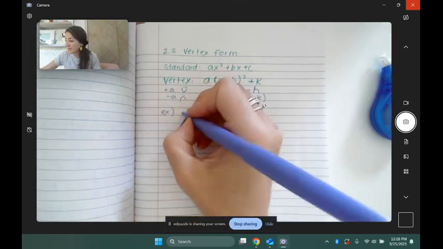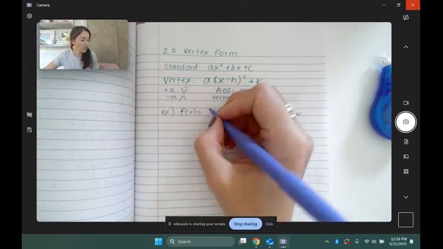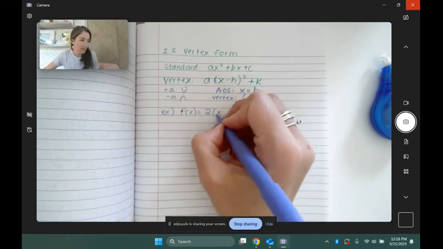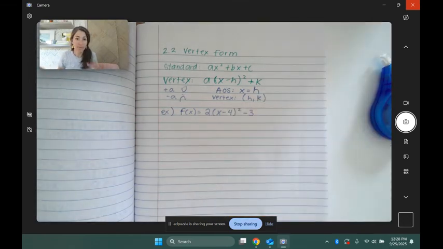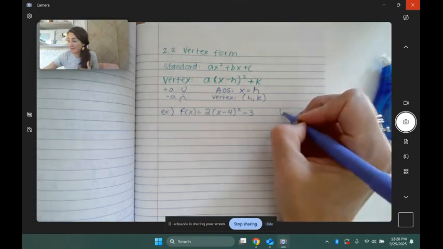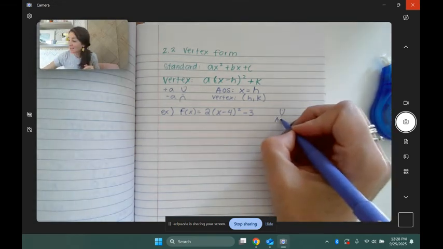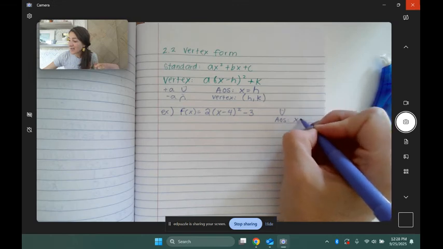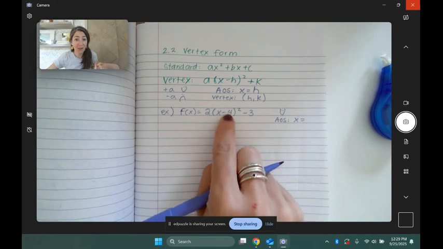So if I've got f of x equals 2 times (x minus 4) squared minus 3, looking at this right off the bat, I've got a happy parabola because a is positive. The axis of symmetry is not at negative 4, because whatever is here, it's the opposite.